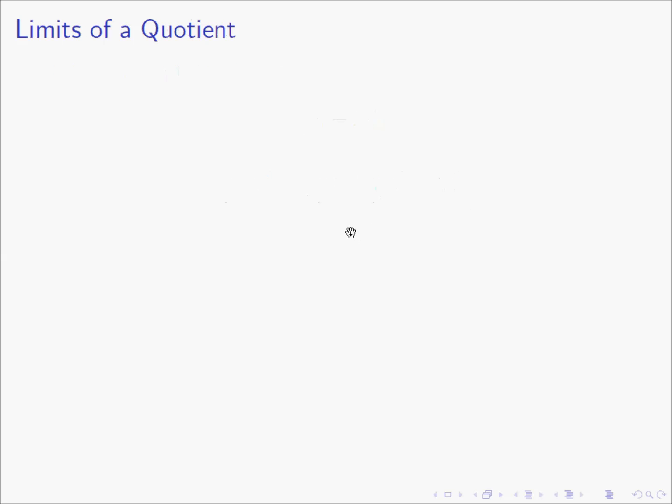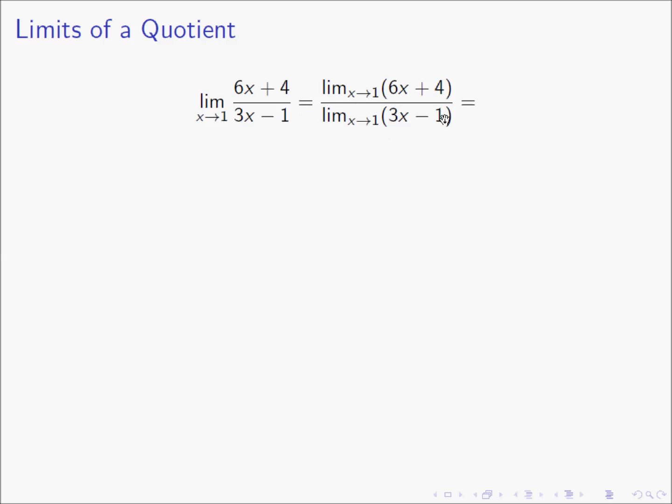Now let's talk about the limit of a quotient, and for that we're going to try to solve this example here. Here we have the limit as x approaches 1 of this function that is the quotient between two linear functions. And to calculate this limit, you simply take the quotient between these two limits. That is, you take the limit of the numerator and the limit of the denominator, like this.